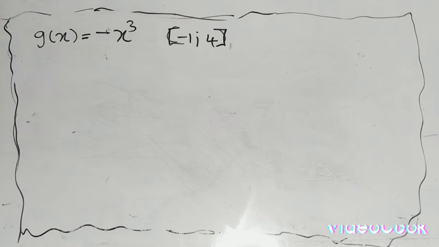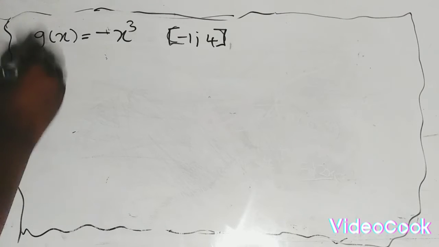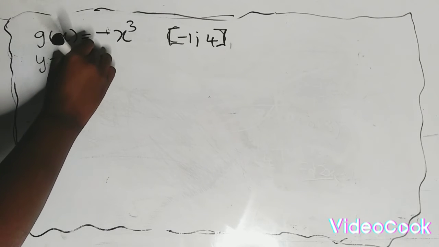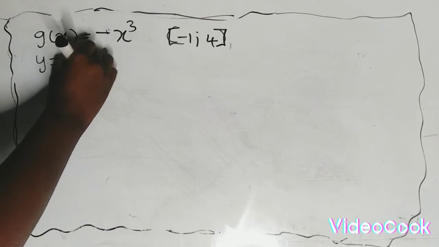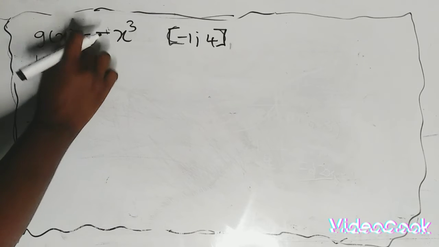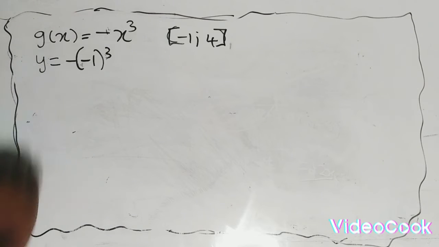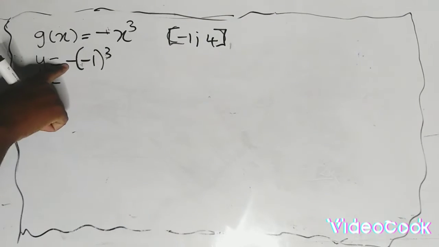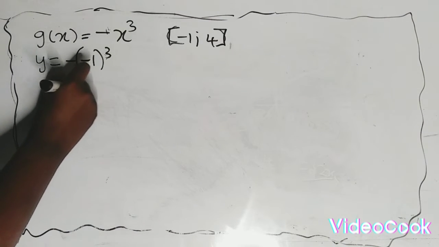So what are we going to do? Let's inject minus 1 into our function to see what's the value for y. So y is equal to minus, and minus 1 to the power 3. Minus 1 to the power 3 is a negative 1, times the minus, I'll get a positive 1.